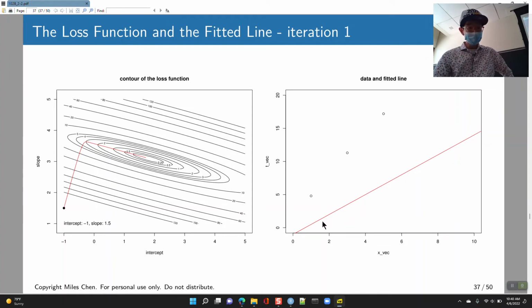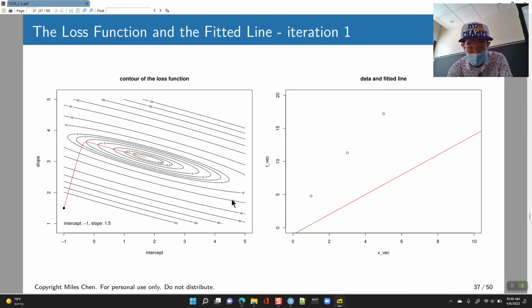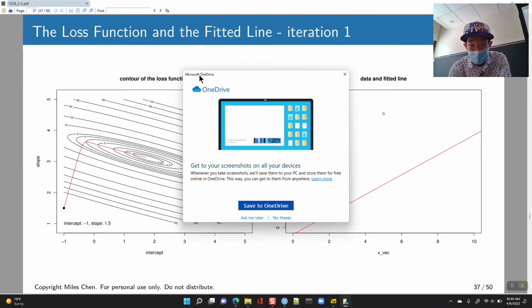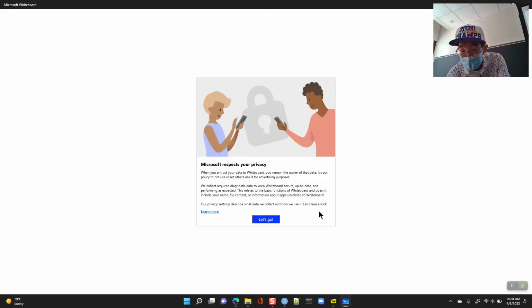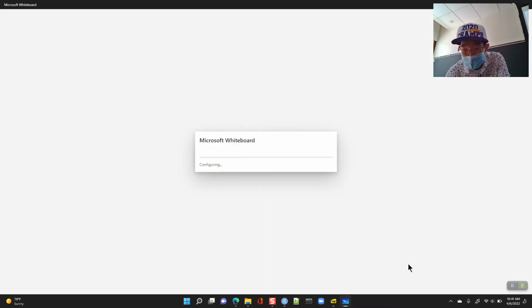I don't know if I can draw on this. How do I do this?